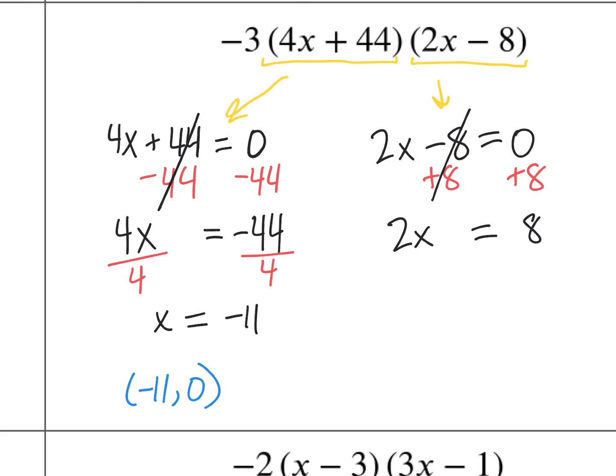And then again, to get x by itself, we do the opposite of multiplying 2 times x, and we're going to divide by 2 on both sides. So we have x is equal to 8 divided by 2, which is 4. So the solution here would be (4, 0).